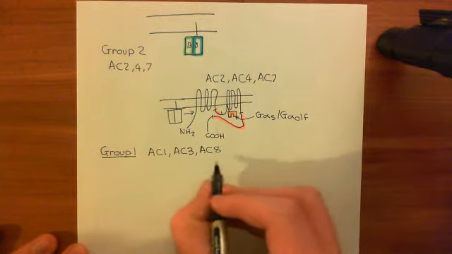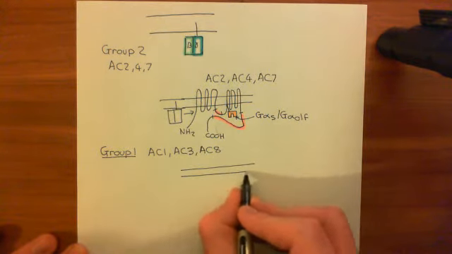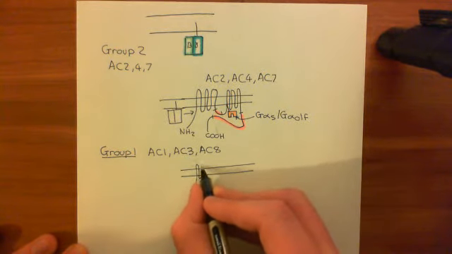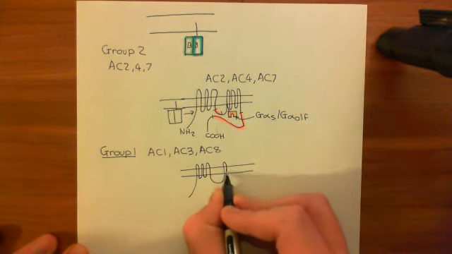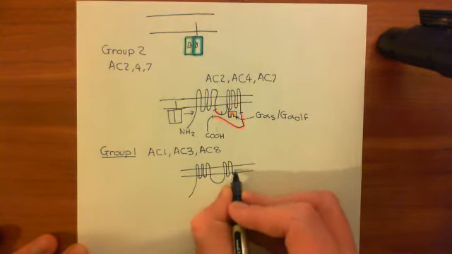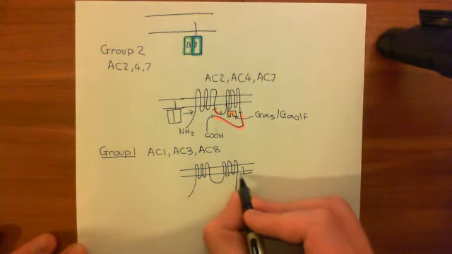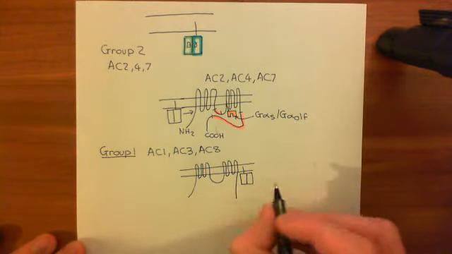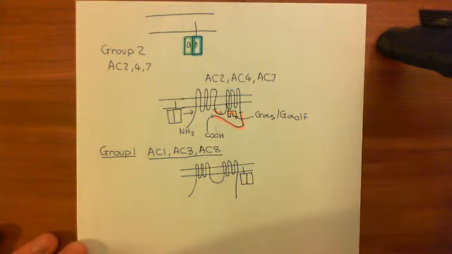Basically, the beta-gamma subunit will bind to these adenylyl cyclases and inactivate them, inhibiting them from forming the active state where they are producing cyclic AMP. Again, here is our adenylyl cyclase, and whilst it's got the beta-gamma subunit bound to it, it's not going to activate. This is now inhibiting it, and this is for adenylyl cyclase 1, 3, and 8.